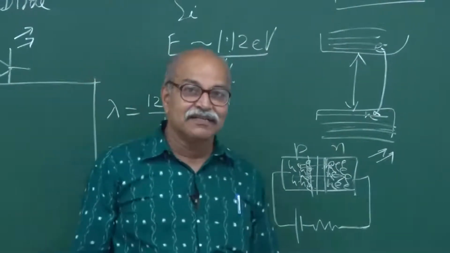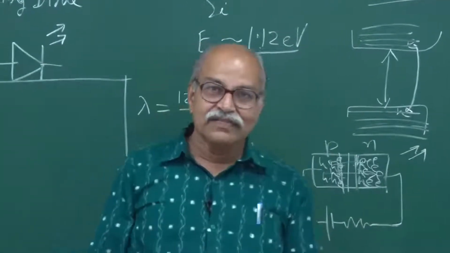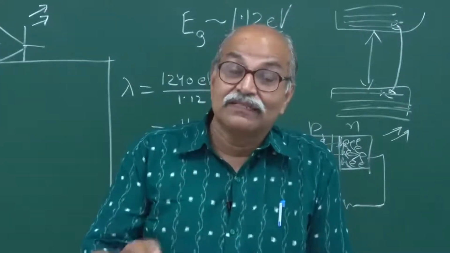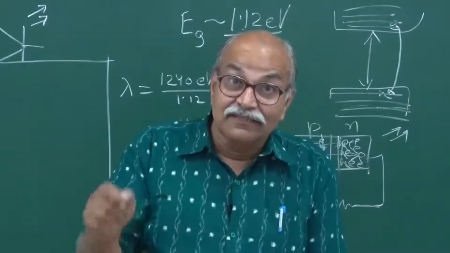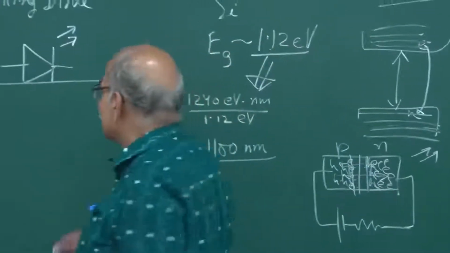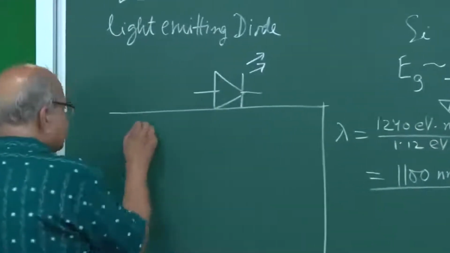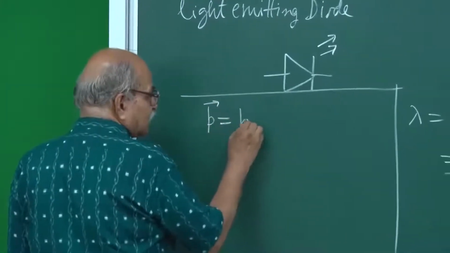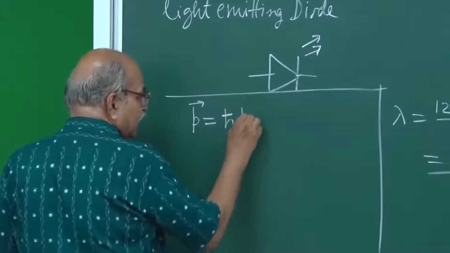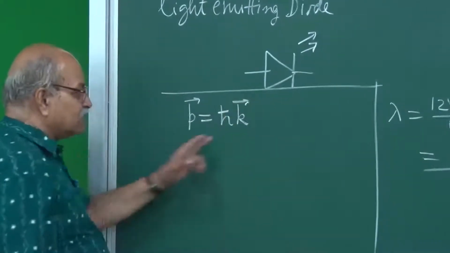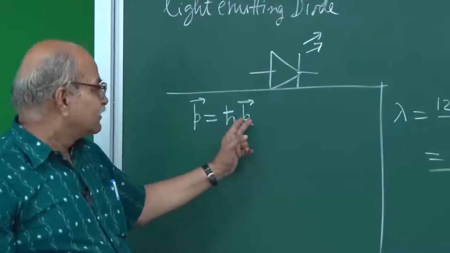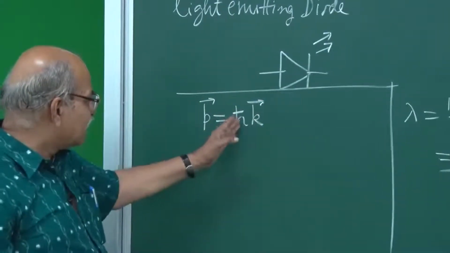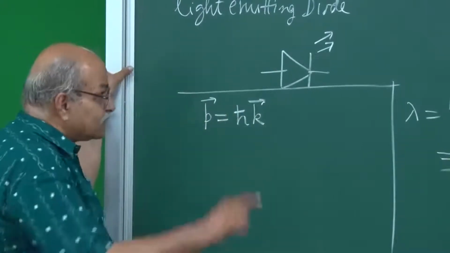But in semiconductors, the electron energy depends on the momentum of that electron in the crystal. Popularly in quantum mechanics, the momentum is written as h by 2 pi, that is h cross, times the k vector. So this k vector is the momentum vector, multiplied by h cross it gives you the momentum, and energy depends on that.